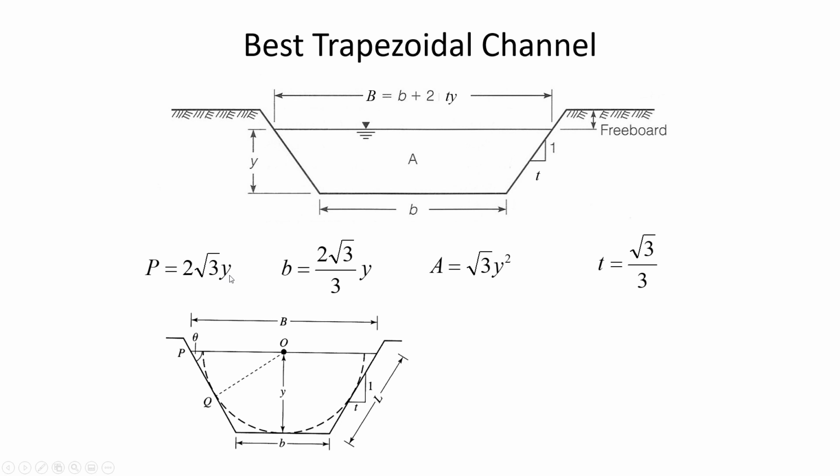But for some certain depth, we could find the wetted perimeter and the bottom width and the cross-sectional area for that applicable depth to find the best trapezoidal channel that's going to have the most flow capacity. Interestingly, the hydraulic radius for the best trapezoidal channel is just the depth divided by 2.